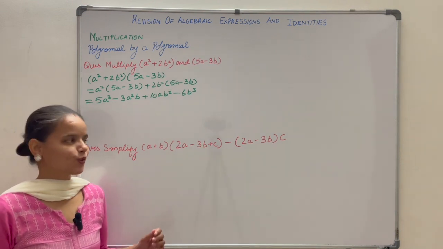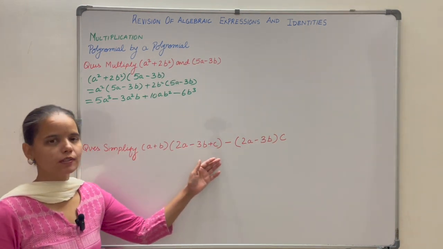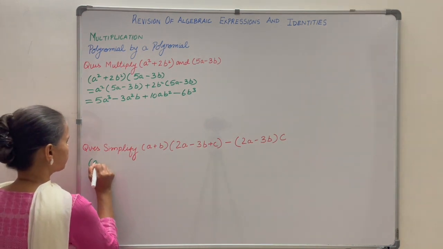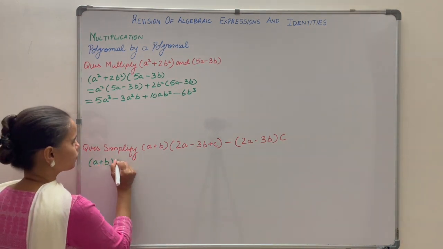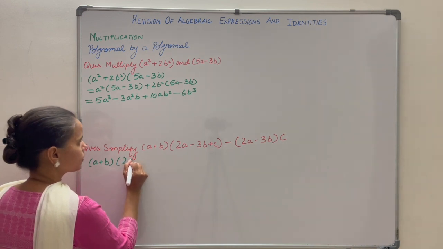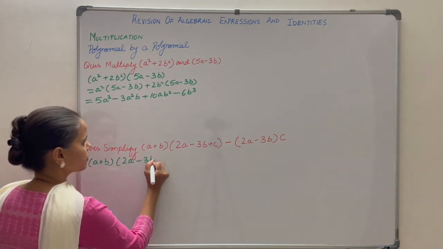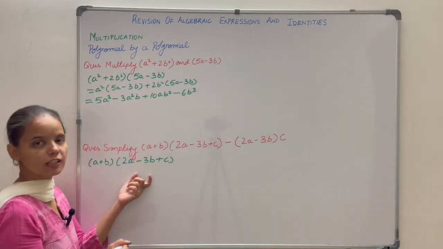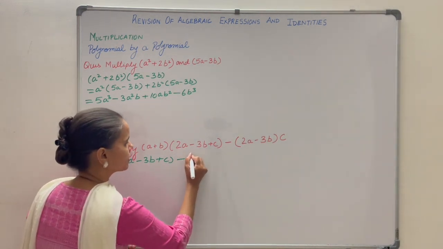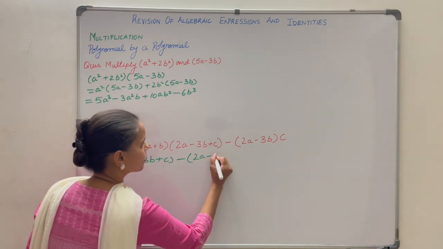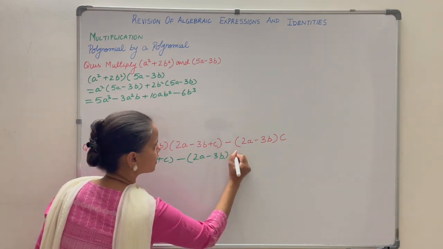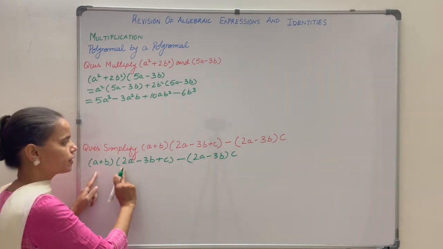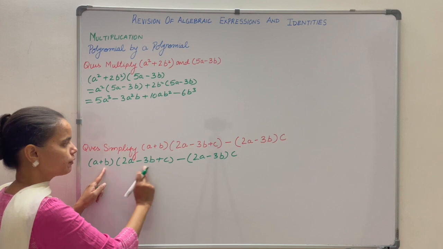Now let us take this question, simplify. Let us write it down. So a plus b into 2a minus 3b plus c. So you are multiplying a binomial with a trinomial. First you need to multiply a with this trinomial, then b with this trinomial.